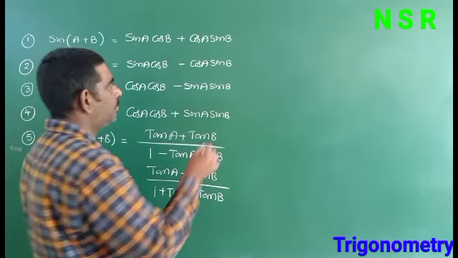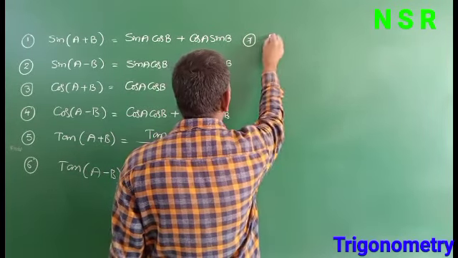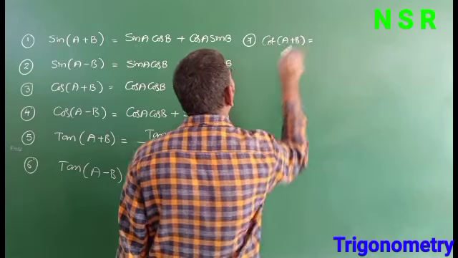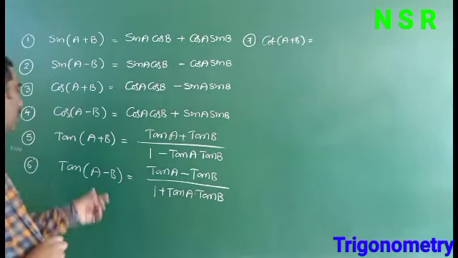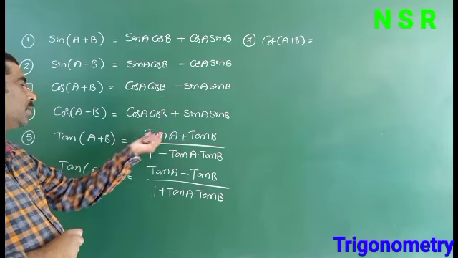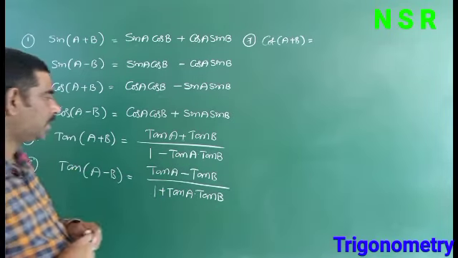Again we have cot formulas. Next, cot a plus b. In cot, the tan numerator and denominator are reversed.